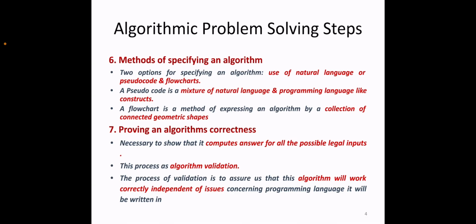You have to validate that your algorithm is correct, that the input given for the problem solving solution is correct. The process of validation involves how the algorithm will work correctly and exactly, independent of any issues or problems that arise, and that should be verified in this step.